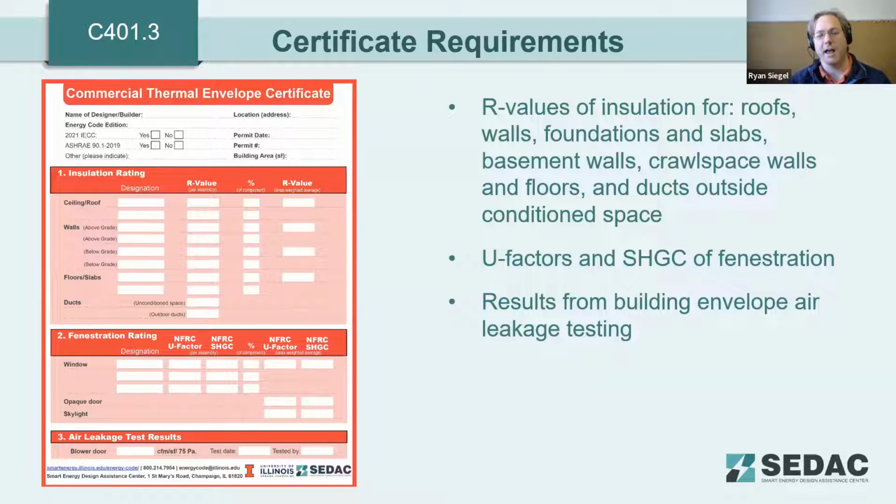Owners may otherwise have this information, but typically it's in a spec book or a cut sheet, operations and maintenance binder that may easily get lost or take notable time to locate. By having this certificate clearly displayed in the mechanical room, it makes it quick and easy to reference for maintenance and repair in the future.